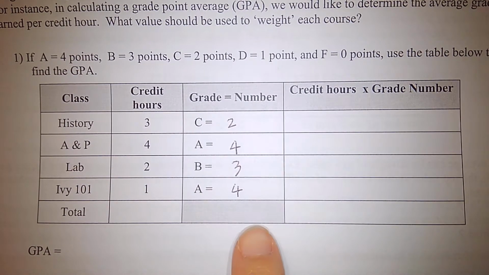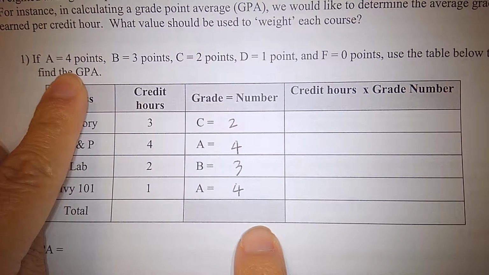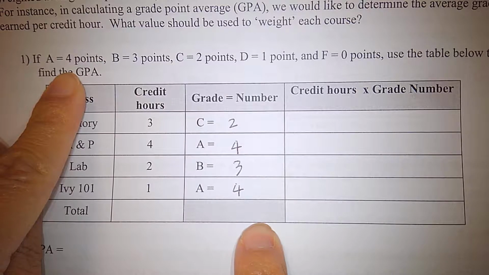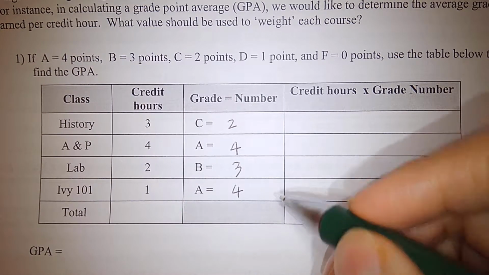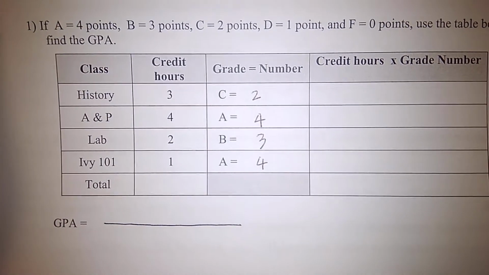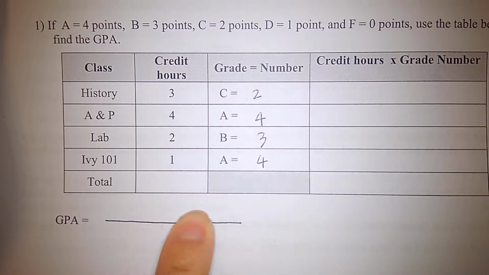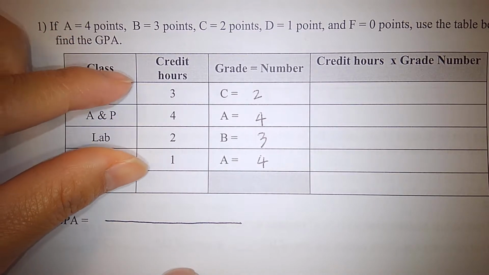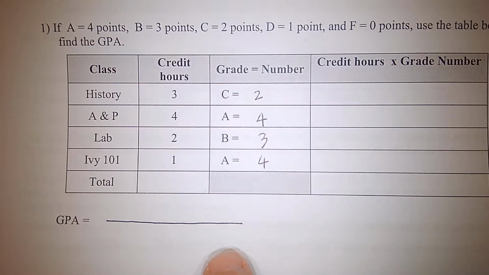Just multiply. To compute the GPA, we're using the weighted average method 1 we just learned. On the top, we're going to add up the total points from these courses that we have already taken. So what will be the total points?